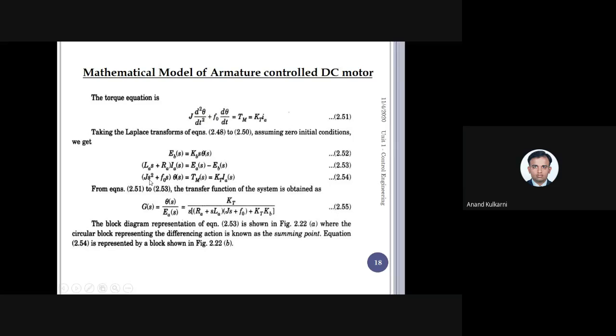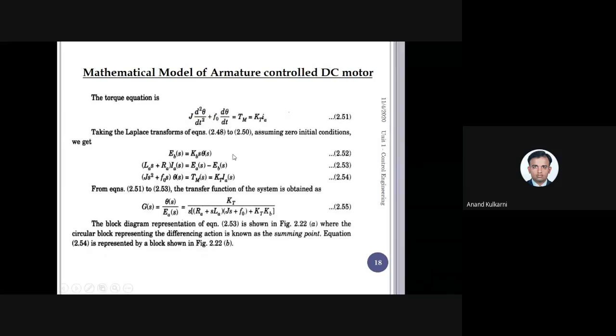And the second equation is, if I take the Laplace transform of this, Js square into theta of S, Fs into theta of S is equal to Tm, that is Kt into Ia. So theta of S, if you take common, it becomes Js square plus Fs. So this is another equation.